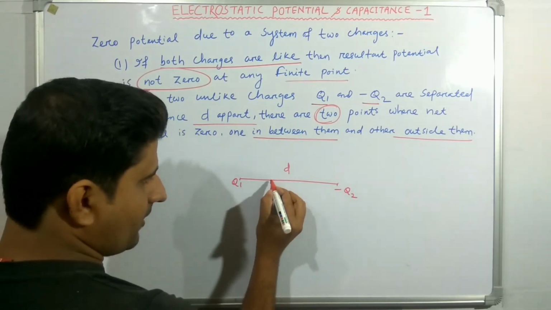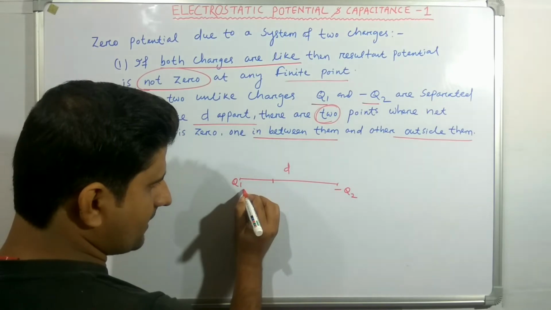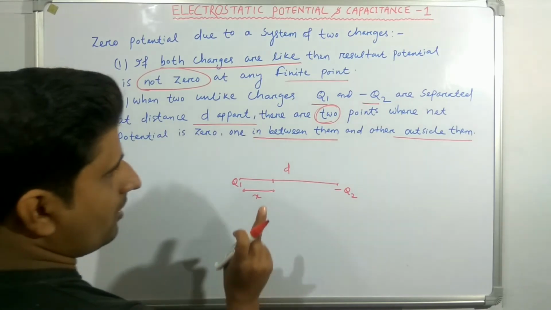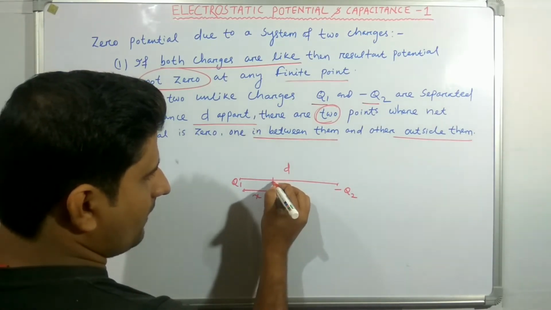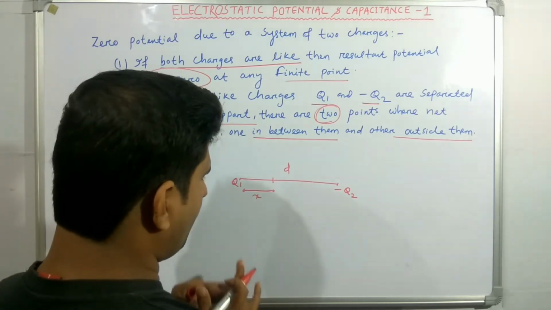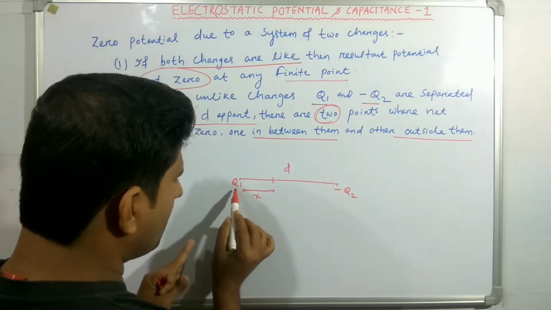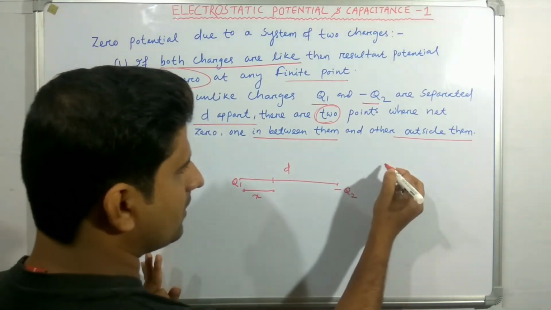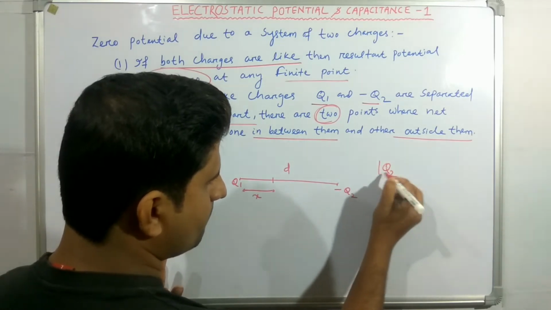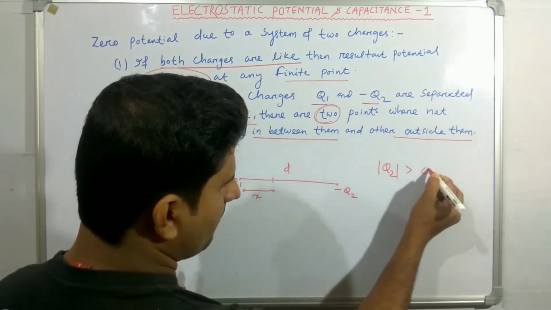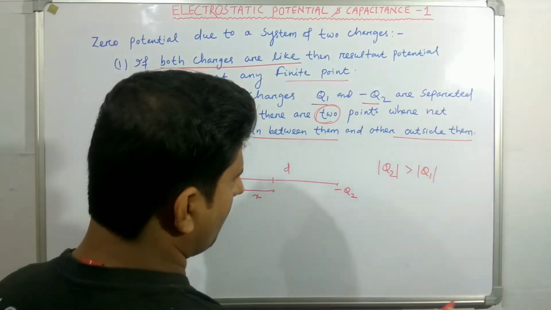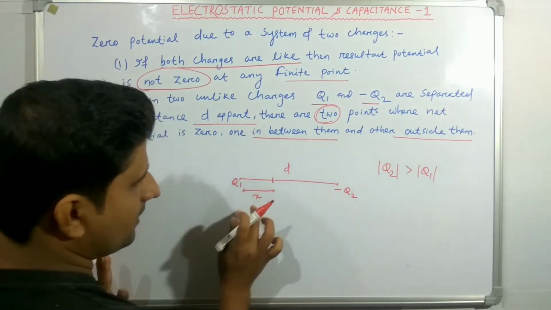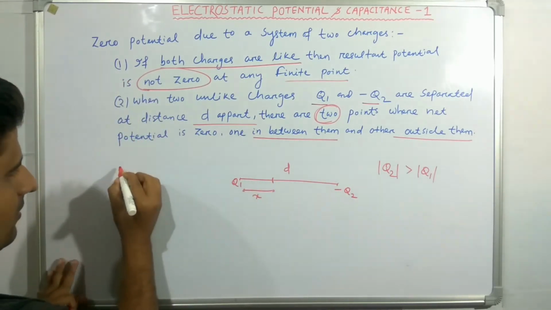For the inside point, the net potential is 0. Suppose this is at distance x from q1. Remember, the point of zero net potential is always nearer to the charge of smaller magnitude. Here suppose the magnitude of q2 is greater than the magnitude of q1, so the net potential is 0 near the small charge at distance x.